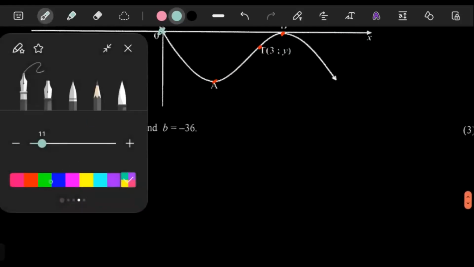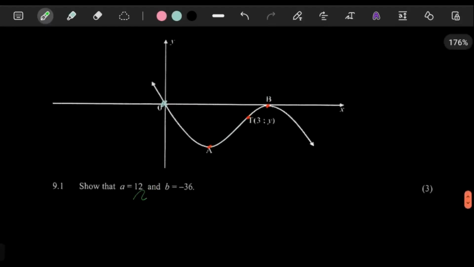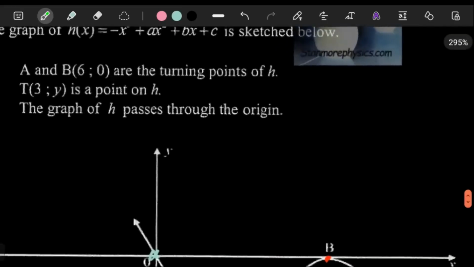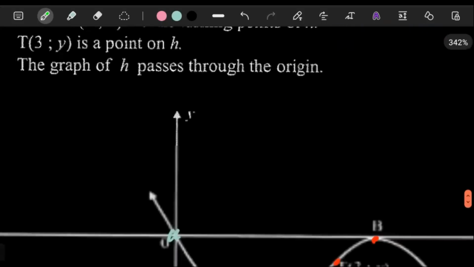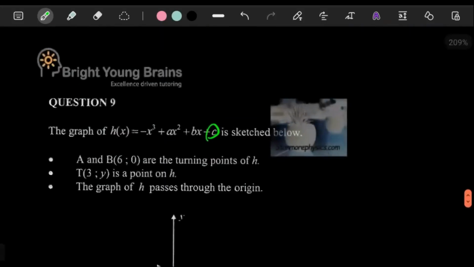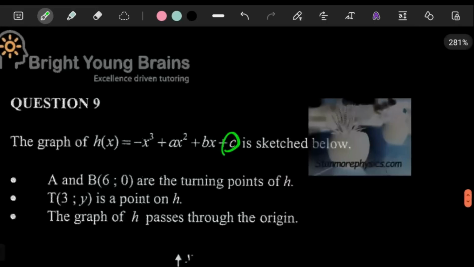9.1 says we get A and B. If you show them equal to these values, that shouldn't be too difficult because there's a lot of information here that we can use to our advantage. So C is just the y-intercept, which is just 0.